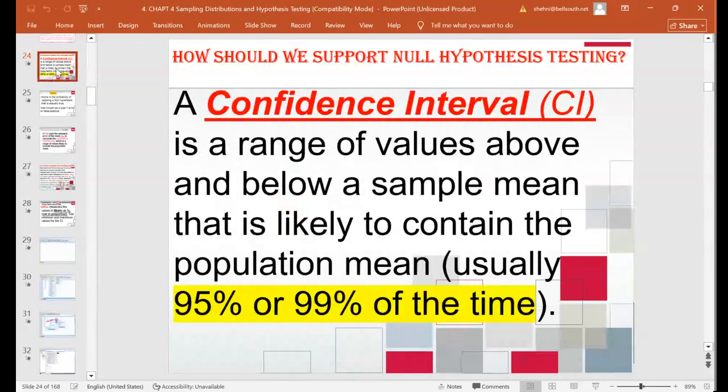Another thing we need to know is confidence interval, or CI. Confidence interval is the opposite of alpha. Alpha is the probability that what we found in our research is by pure chance. In other words, we were lucky. We reject the null, but it was just luck.